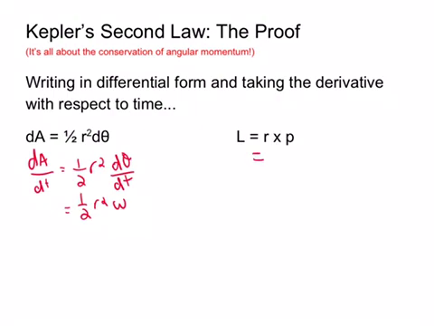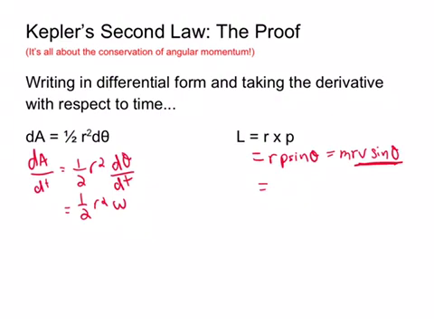Over here to the side, we can rewrite the angular momentum of this planet as r cross p. But that's really just r times p sine theta. And I'm going to open up the p and just have m times r times v sine theta. Now this sine theta here is what makes that v tangent to the path.